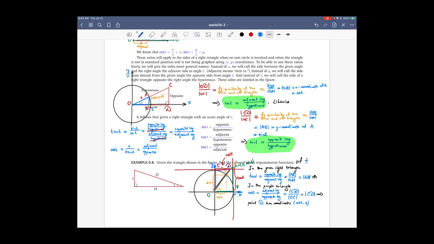Well, straight from the picture, we see that, say, cosine t being adjacent leg over hypotenuse is 24 over 25.